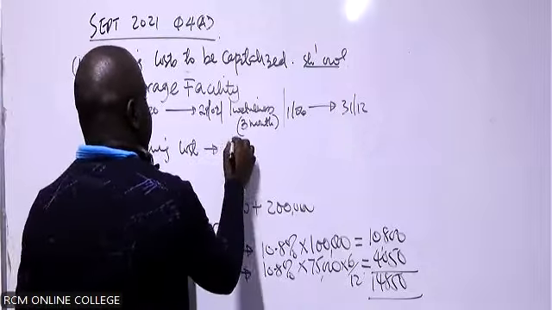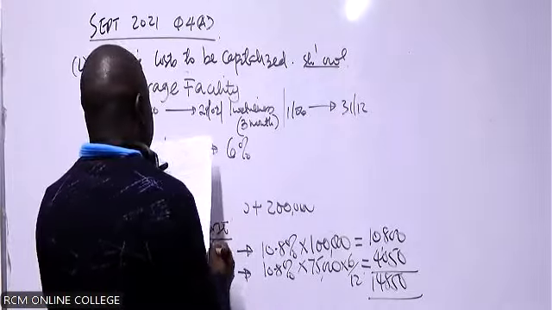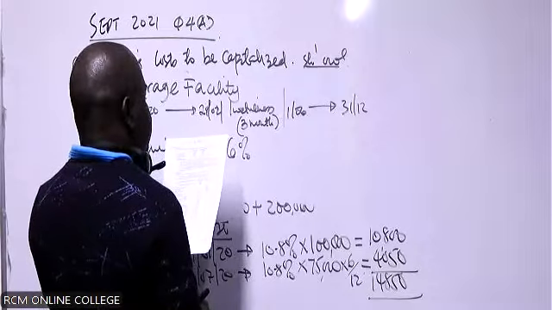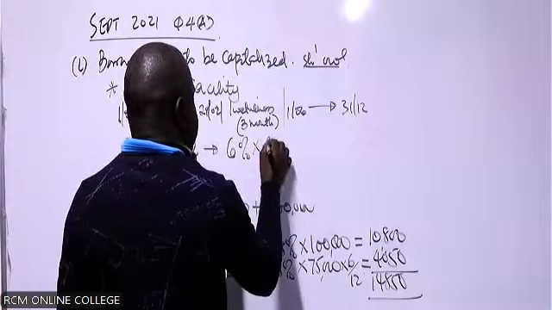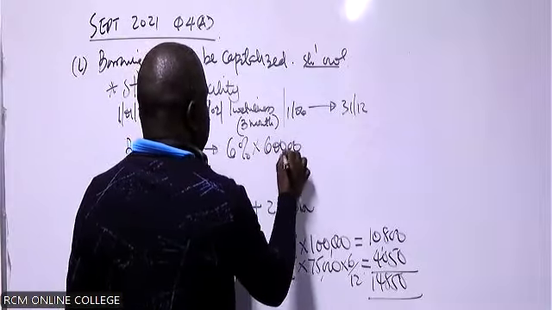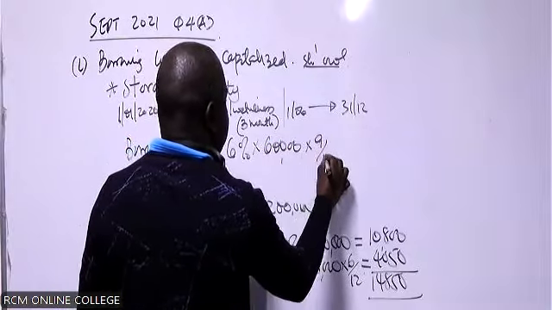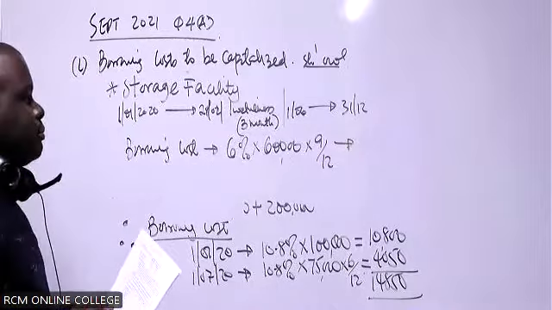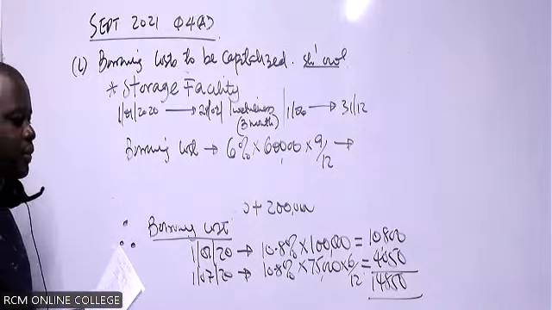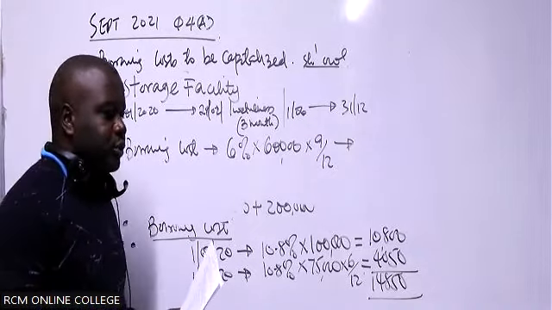So you'll take 6% times the 60 million they incurred to construct, but you only consider 9 out of 12. You don't consider the entire period.